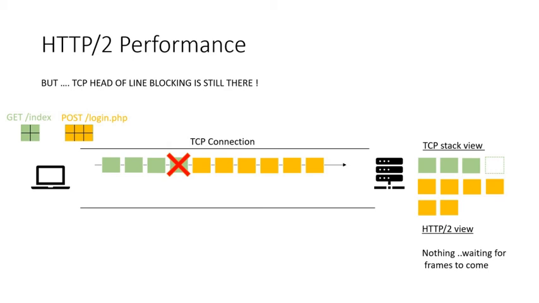For TCP, all 10 packets need to be correctly received before giving them to the upper OSI layer. That is what we call the head of line blocking problem at the TCP layer. The TCP stack will wait for the client to send the missing packet before handing the 2 requests to HTTP2, unnecessarily delaying the response to the POST request.